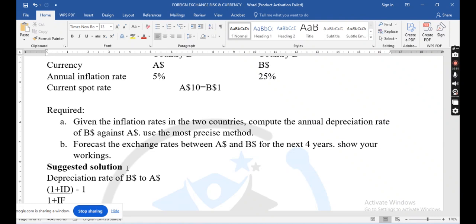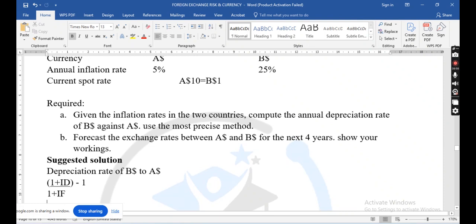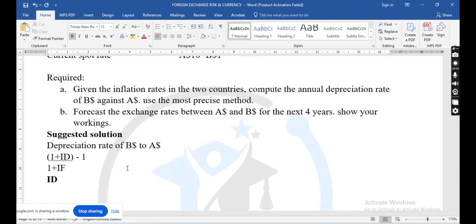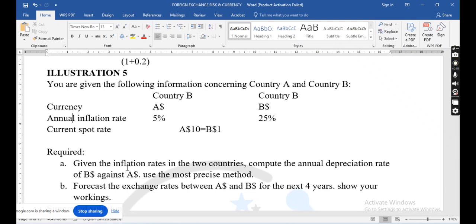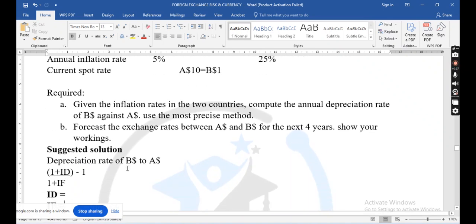Now, what will be our domestic inflation rate and foreign inflation rate? Domestic inflation rate and foreign inflation rate. What is the domestic? What is the foreign?